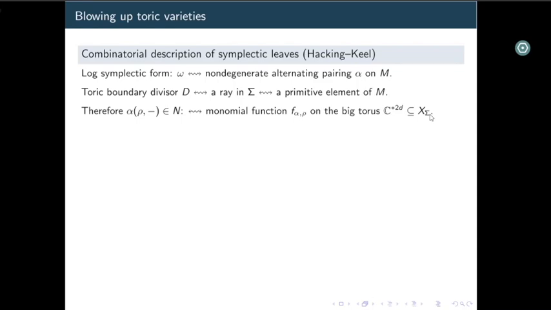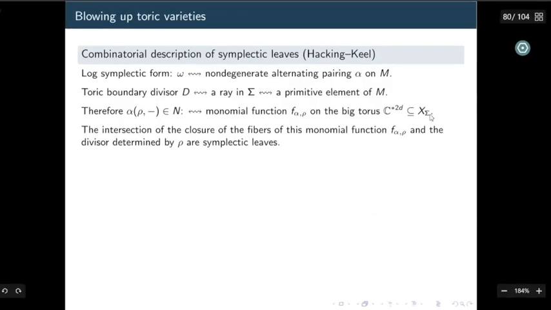Okay, so you have this. I want to use this to describe symplectic leaves. What you can do is take the fibers of this monomial function and take the intersection of their closure in X sigma with the divisor determined by rho. Essentially this is a combinatorial description of the symplectic leaves of this foliation inside of the boundary divisors.